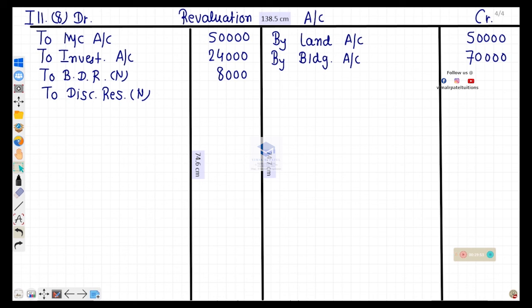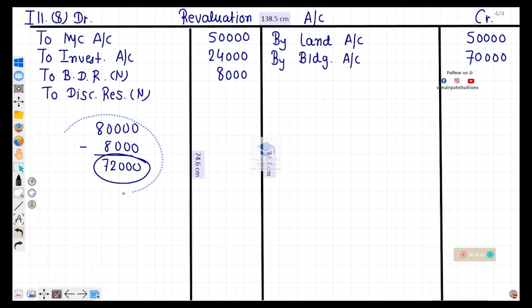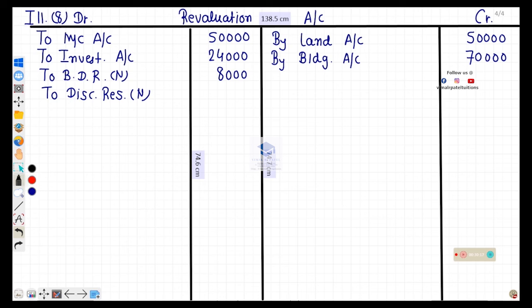Now try to understand. Debtors given 80,000, less 10% BDR, so that is 72,000. On this 72,000, you have to provide discount reserve at 5%. Right? So 3,600.